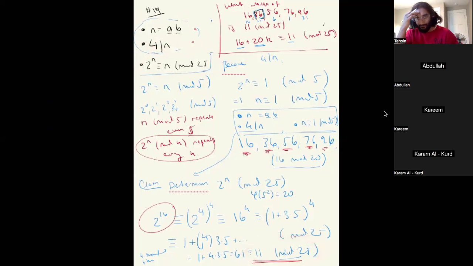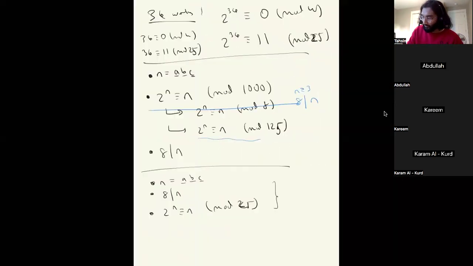The same thing applies here, because 8 divides n, which also means 4 divides n, and 2 to the n is congruent to n mod 25. So by the previous calculation, this is the same as n being congruent to 11 mod 25. Does that make sense?